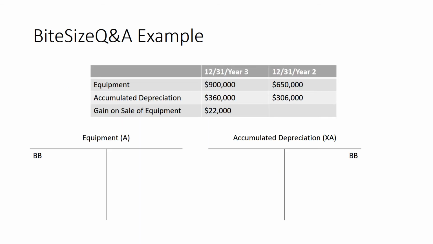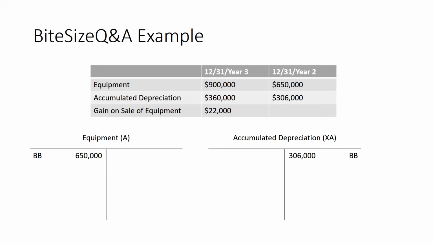Let's use the information that we have and look at our equipment and accumulated depreciation accounts. Equipment is an asset, so the beginning balance is on the left-hand side, and the accumulated depreciation beginning balance is on the right-hand side. In the table, we're given the beginning balances, and those are the December 31st, year 2 balances, because remember, December 31st, year 2 becomes January 1st of year 3.